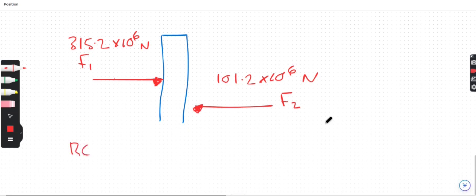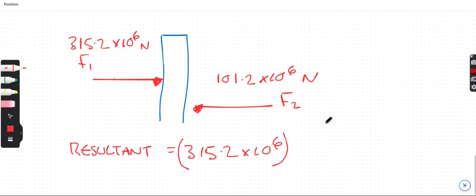So the resultant is going to be, I'll do the biggest one, right? So 315.2 times 10 to the 6. You don't really need 10 to the 6, but take away 101.2 times 10 to the 6.